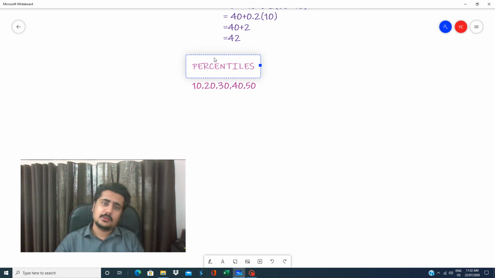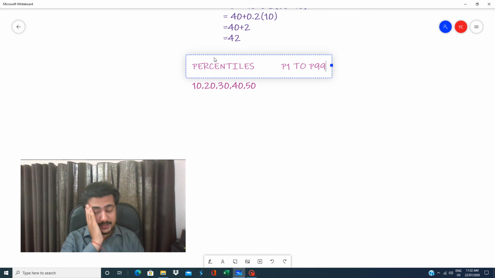Percentage is always 100. So percentile will start from P1 and go to P99. Anything can be asked. There are 99 questions that can be asked. They can ask you anything, P1, P2, P3, P4, up to P99.